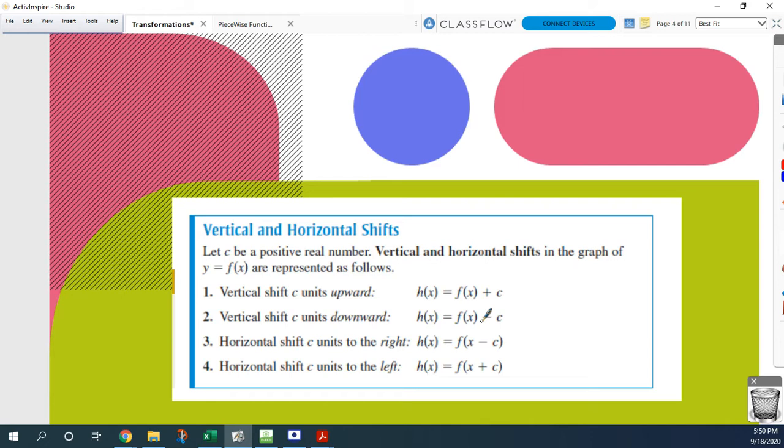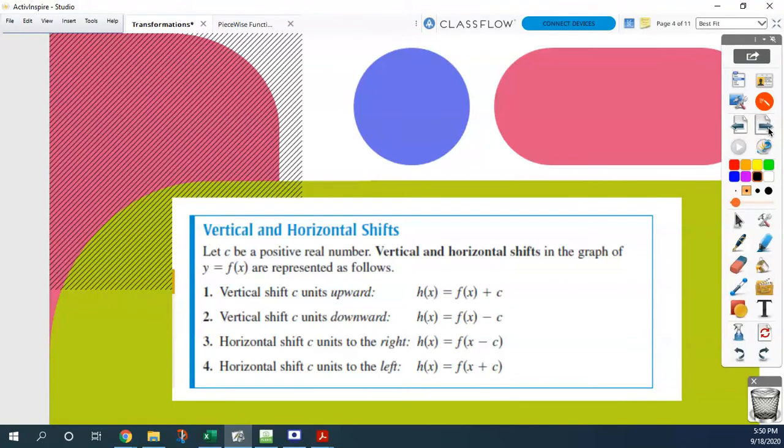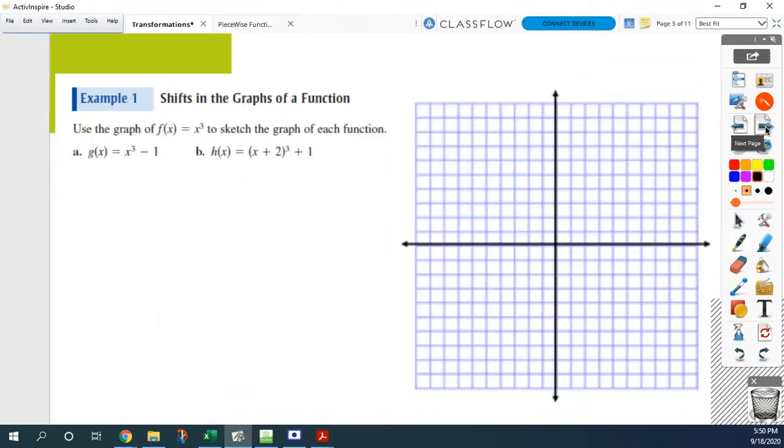If the addition or subtraction is on the inside of the function, it's actually going to do the opposite of what our operation is. So if I have minus c, it's going to move it to the right. If I have plus c, it'll move it to the left. And we'll look at what I mean by inside and outside of the function in our next slide.